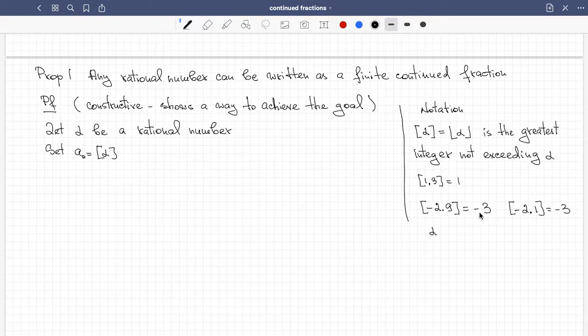Sorry, I said it correctly and calculated wrongly. Always down. So in particular, we always have that alpha minus the integer part of alpha is positive. Alpha is always bigger, we round down. At the same time, it never exceeds 1.